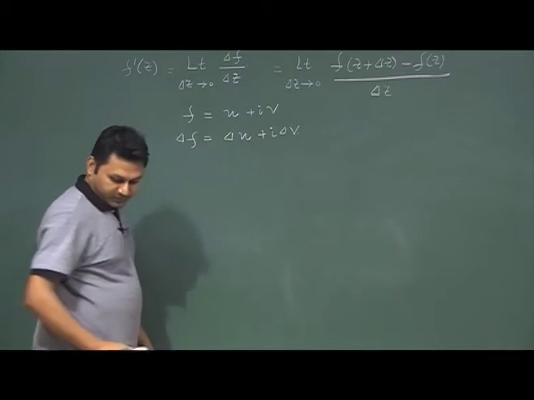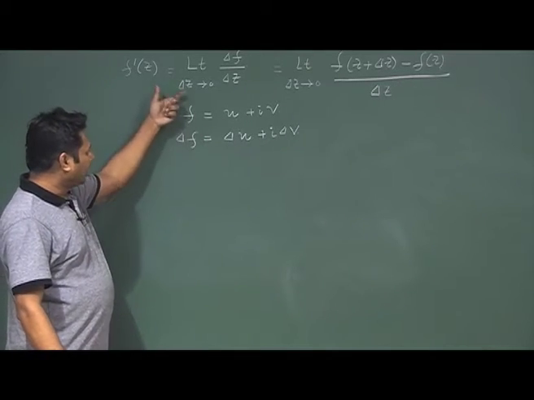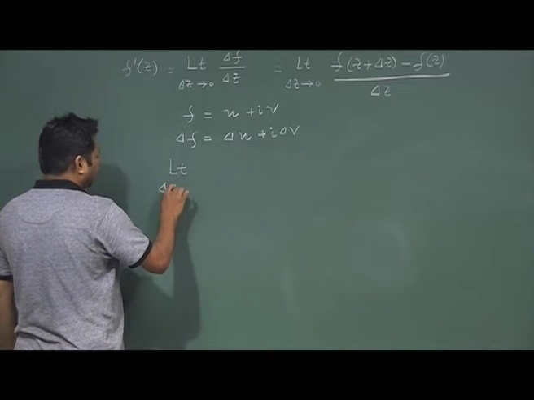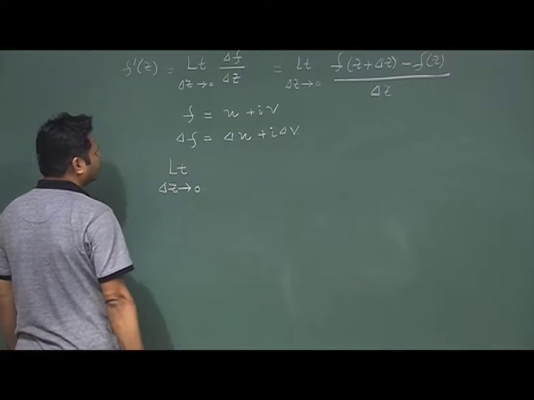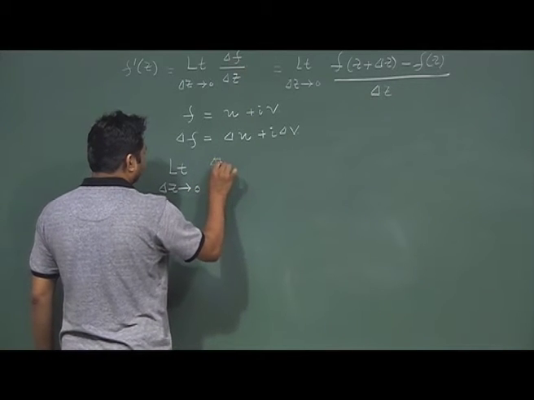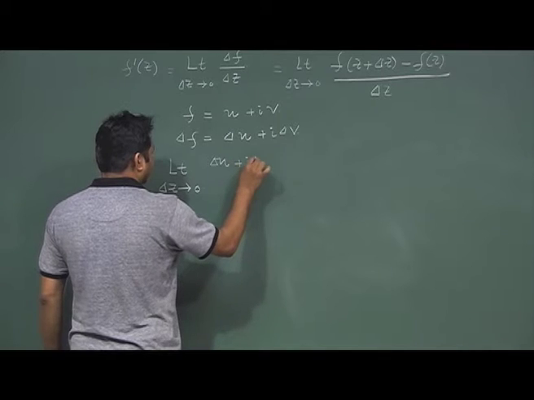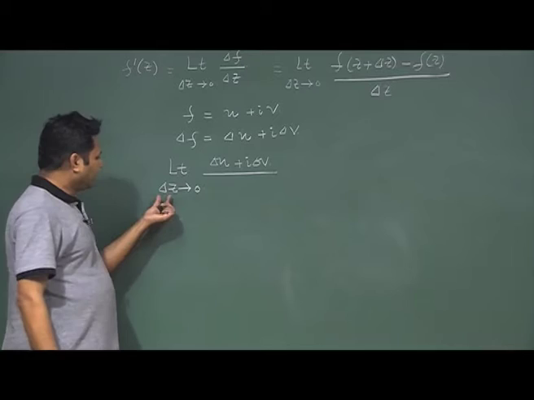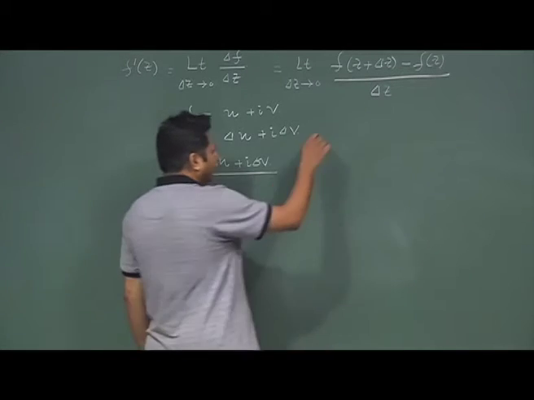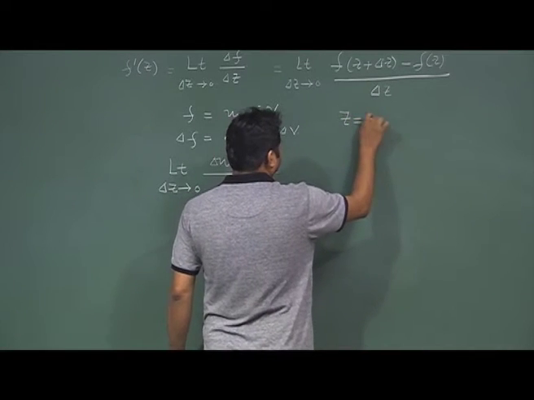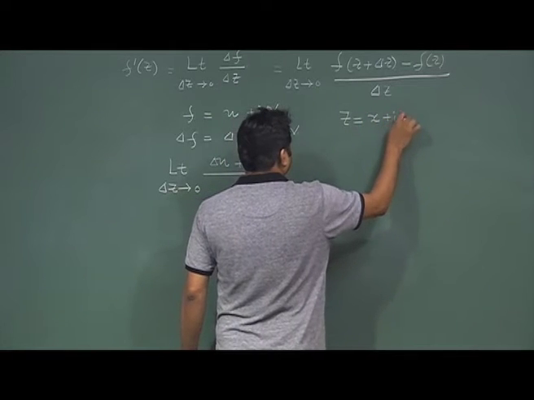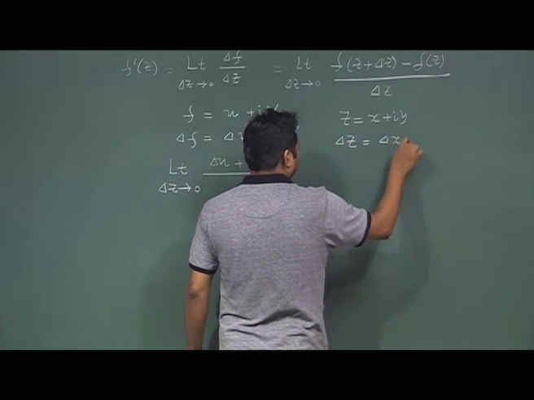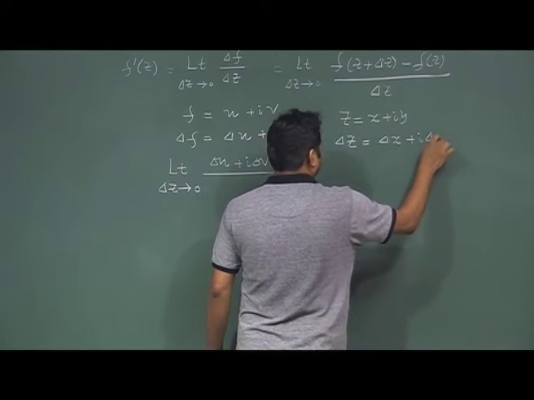Okay. So, now by definition I will have limit delta z tends to 0, delta f is delta u plus i delta v divided by delta z. z is x plus i y, delta of z is delta of x plus i delta of y.